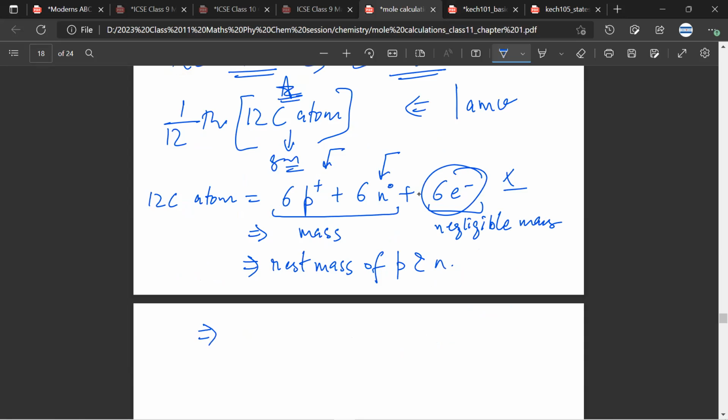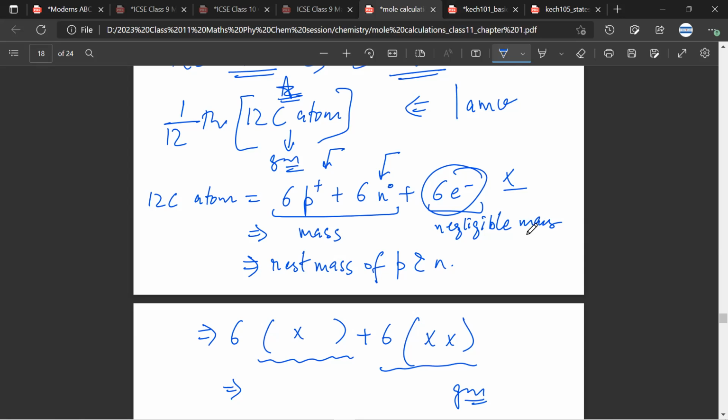So just for my purposes, I'll find the rest mass of one proton and put it over here. Then I'll find the rest mass of a neutron and put it over here. And whatever my answer is, I will get it in gram or kg or whatever. Have you understood what I mean? Yeah.